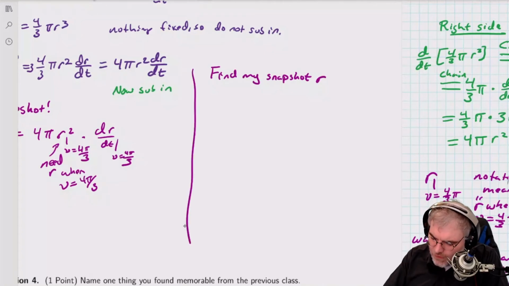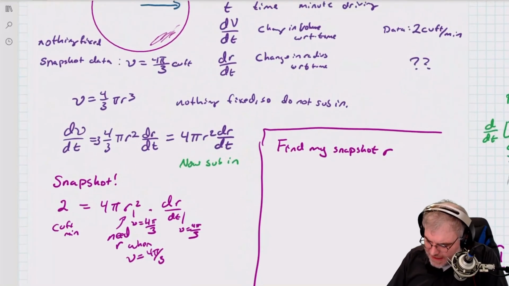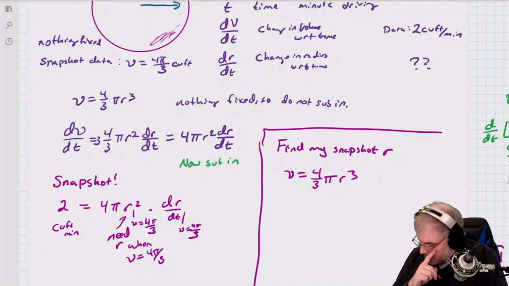Okay, so this is all snapshot. So I'm not going to deal with the derivative. Notice I haven't subbed in yet. So I'm going to have V equals 4/3 pi r cubed. And I have my V. My V equals what? What's my snapshot data? I've got 4 pi over 3.